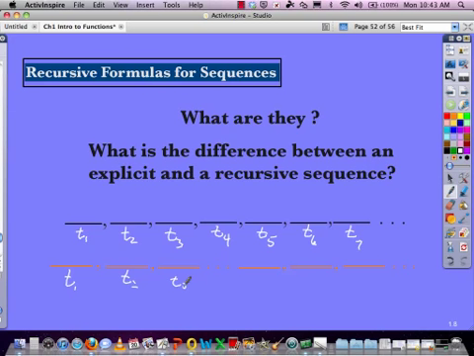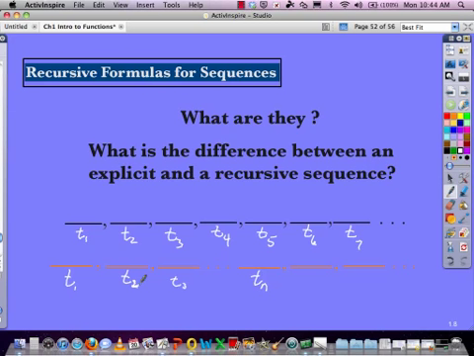So the question is, what do you call this next position? We have been using the idea of t sub n to refer to any term in our sequence. So let's assume we don't know what this is, so we'll call it t sub n. But then the next question is, what would the next one be? Any terms in a sequence are consecutively 1 apart.